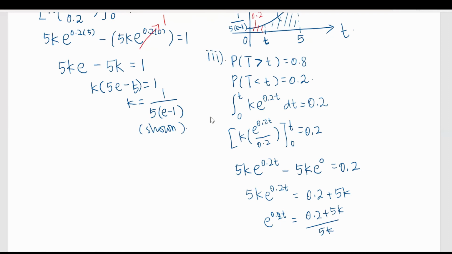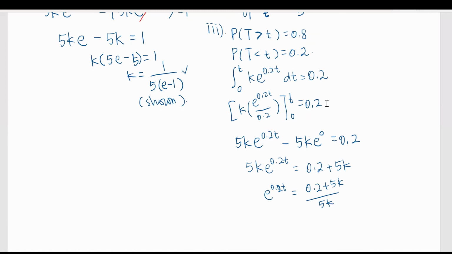And you can see that k value is 1 over 5 times e minus 1. So you can sub in the value and do the calculations to find that the value is going to be 1.344. Then you put ln both sides.